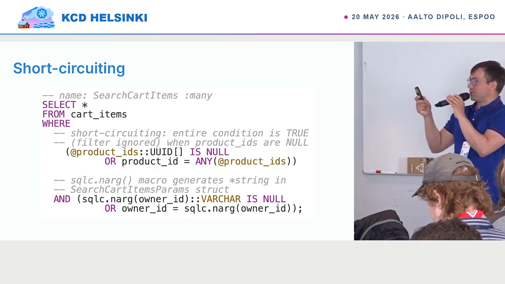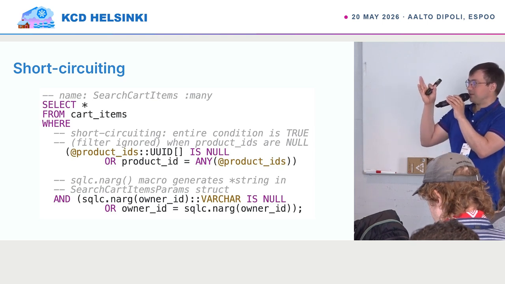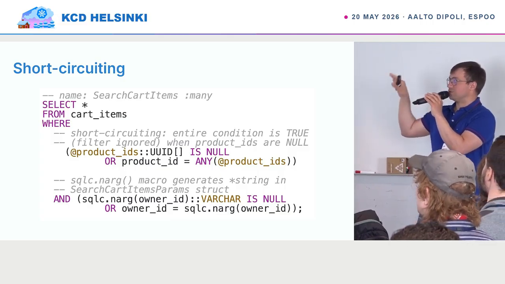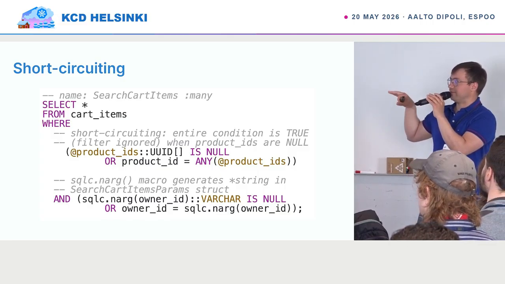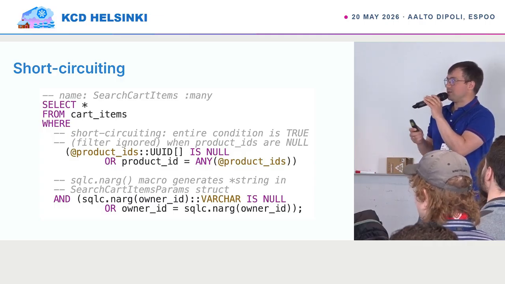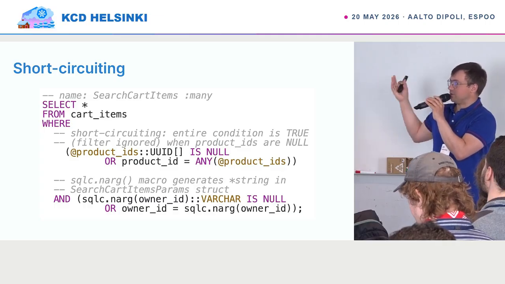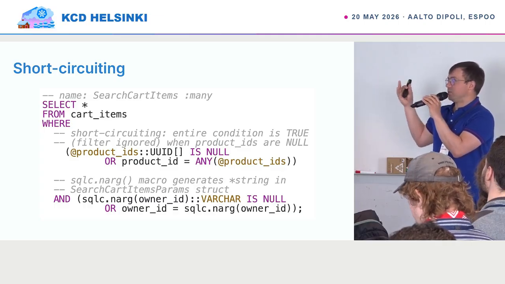For the products ID, we need to make the where clause in such a way that if the first part is not included in the filter, it terminates the whole clause, and the clause has no effect. That's why it's called short circuit. So if product IDs are not provided at all, then that clause is effectively excluded from the query.